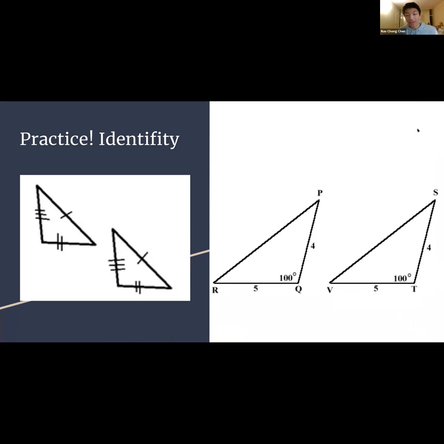So this is an SAS congruence. So these two triangles are congruent. Cool. Okay.